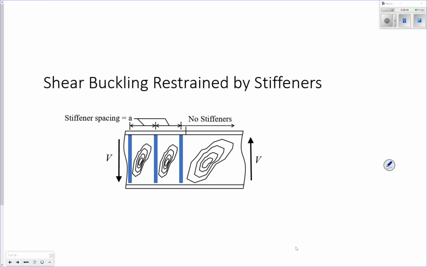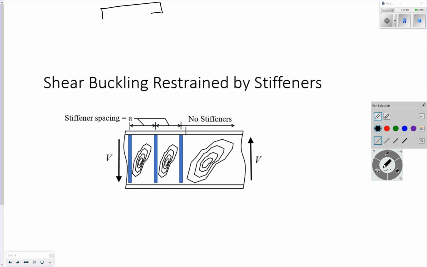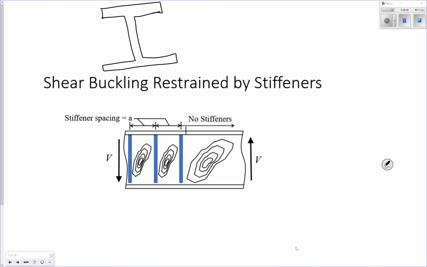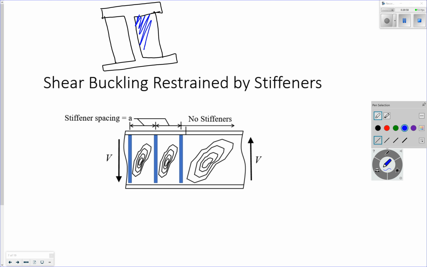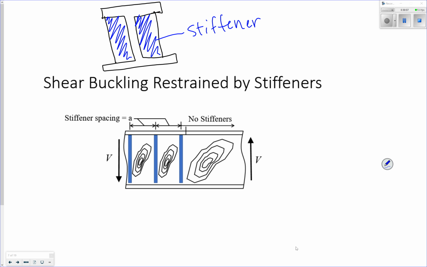If I look at this in the cross section, this is my I-beam, I'm going to add some type of plate to stiffen, literally stiffen my web.